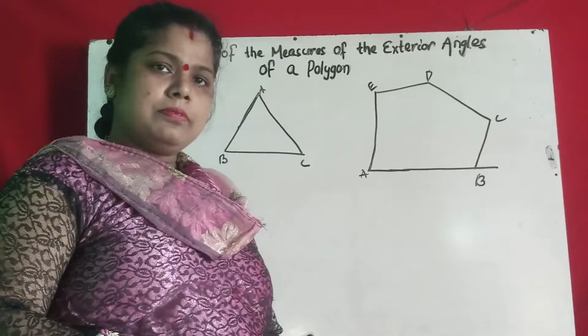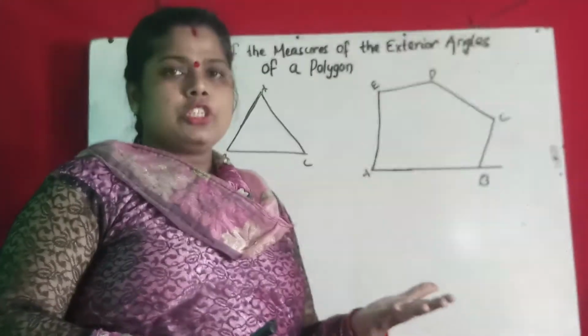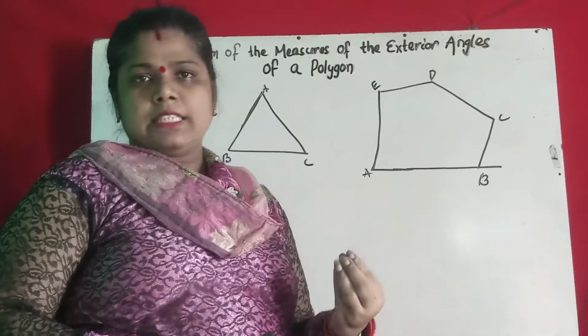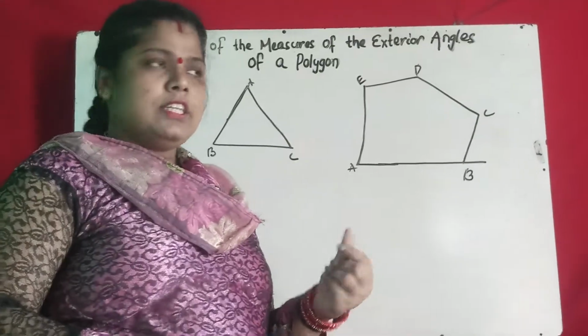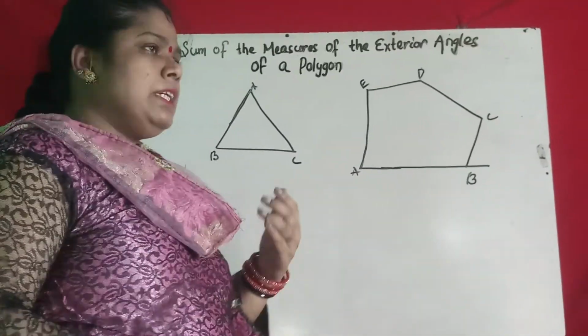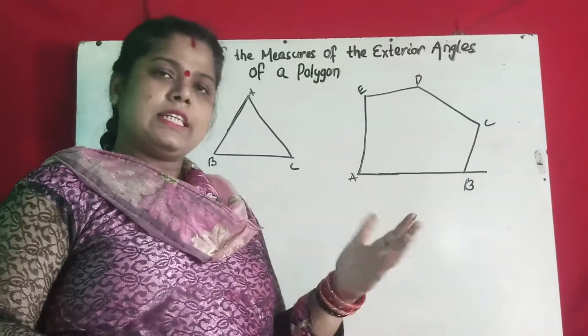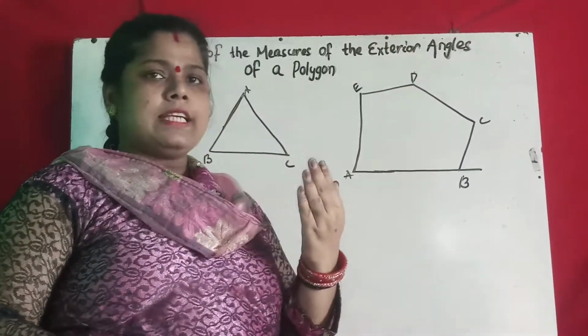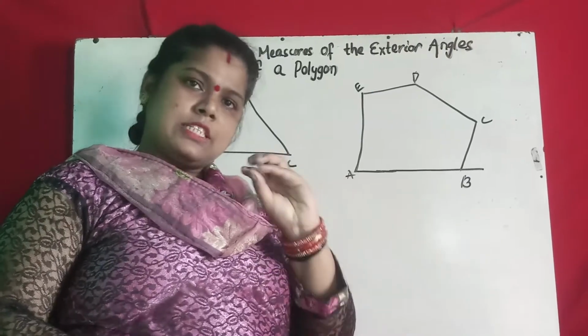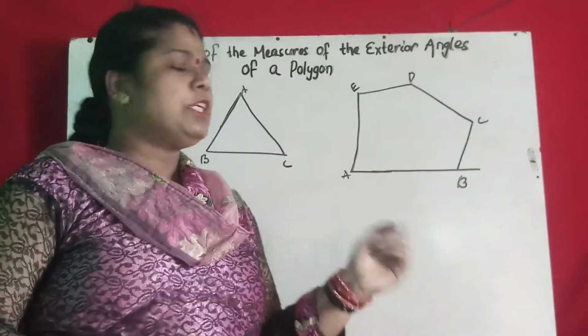It starts from 3. A closed figure means a minimum of 3 sides is needed, which is a triangle. So it may have 3 sides, 4 sides, 5 sides, 6 sides. They have different names according to the number of sides. We have already discussed this in our previous video.